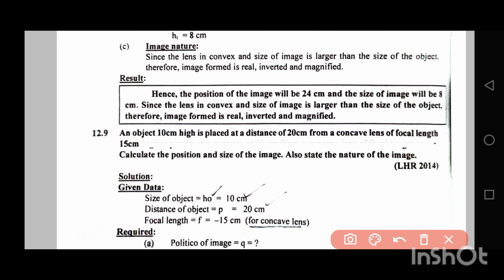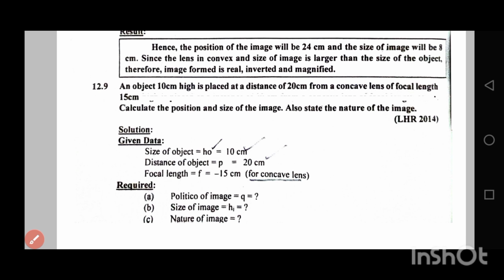So, dear students, we are given size of object, that is HO is equal to 10 cm, distance of object from the lens is 20 cm, and focal length is 15 cm. As we use concave lens, the focal length for the concave lens is negative, so f is equal to minus 15 cm. Right?